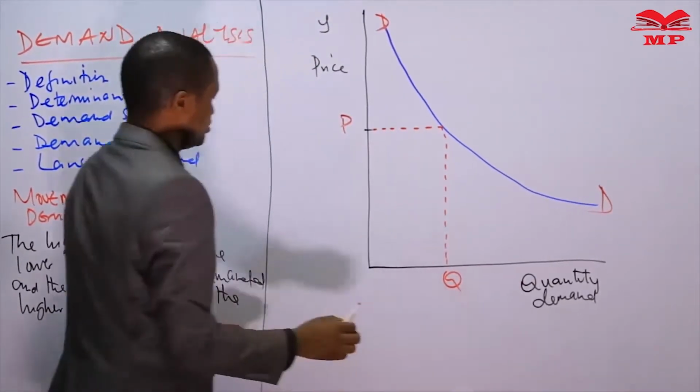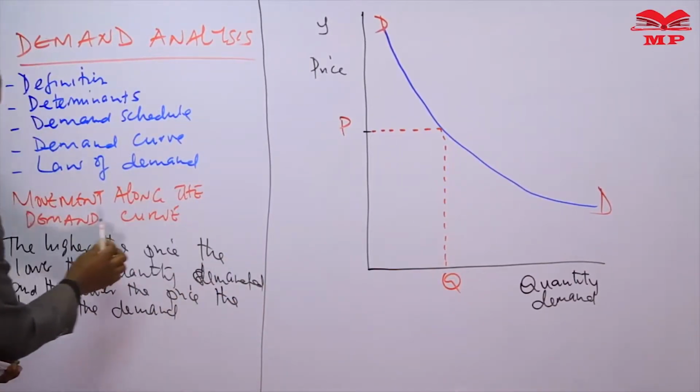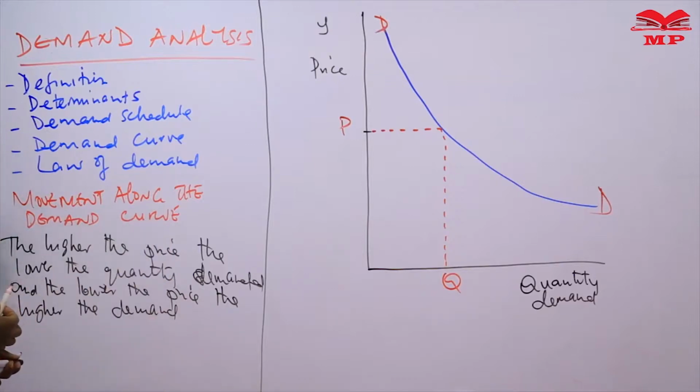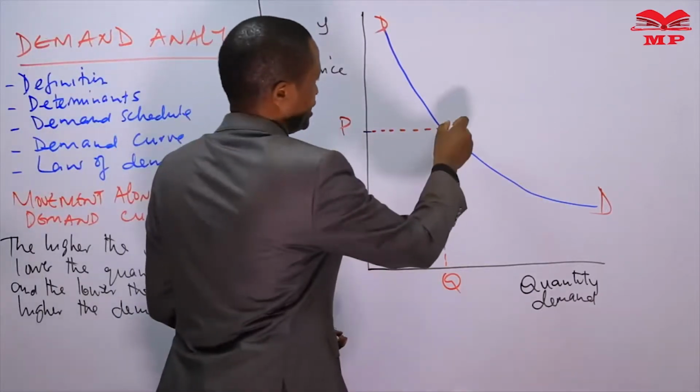But remember, we are discussing movement along the demand curve. So this is, say, point X.